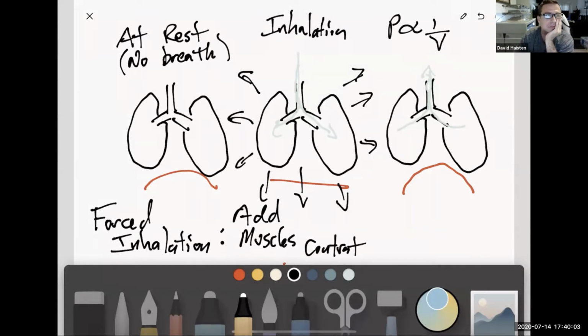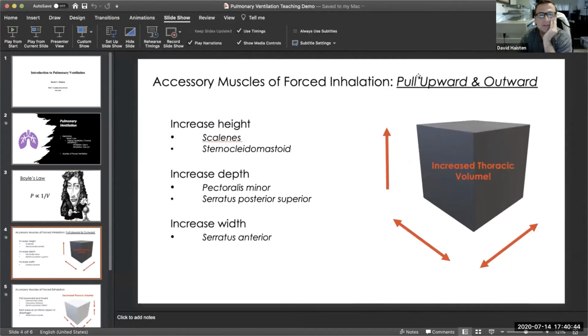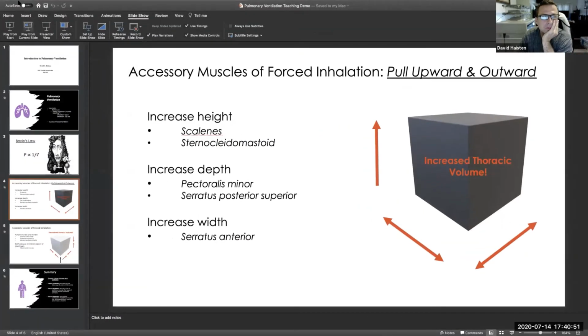Let's take a look at these additional muscles. Okay, all right, so we have some additional muscles that are going to kick in.